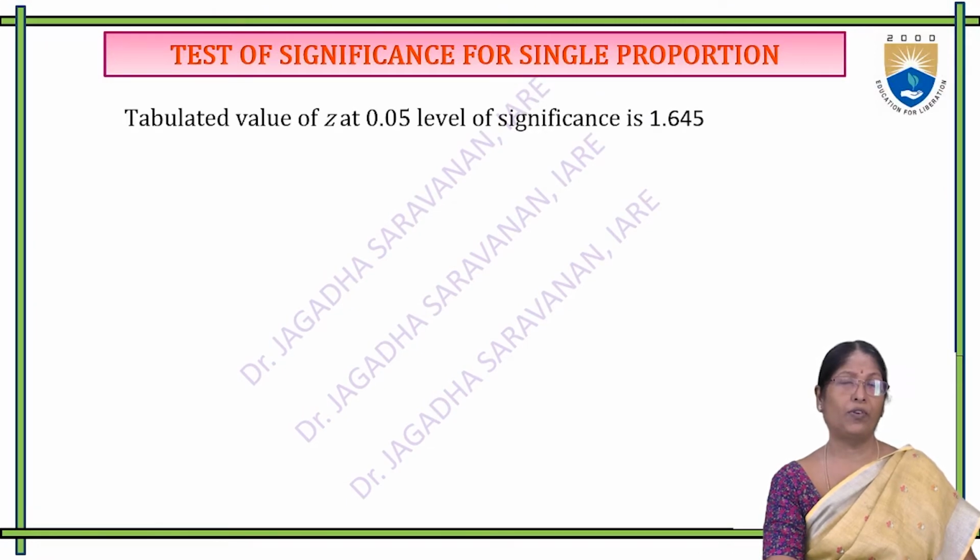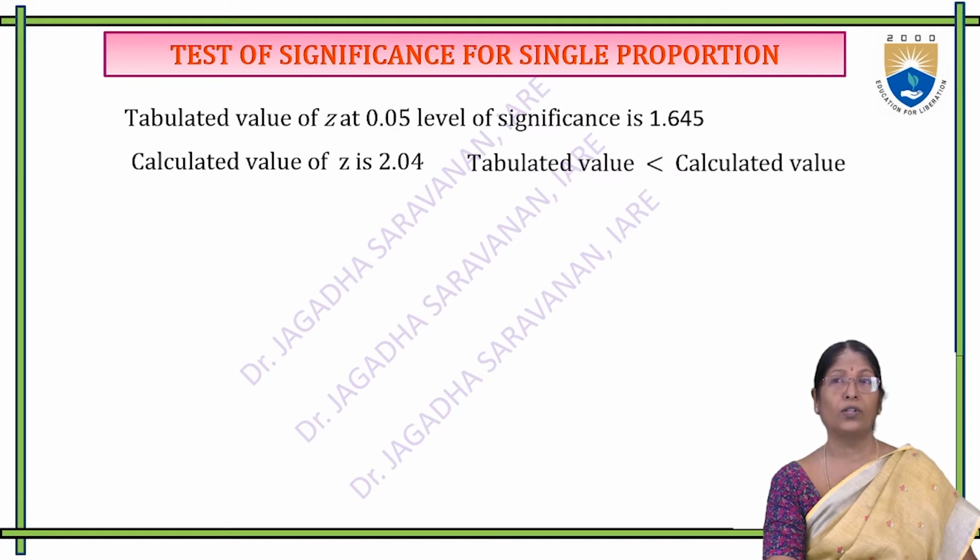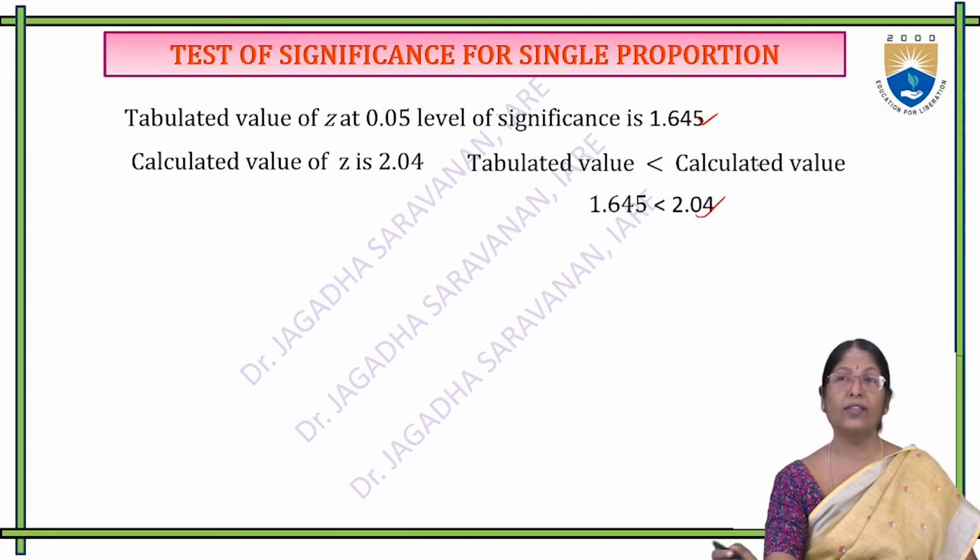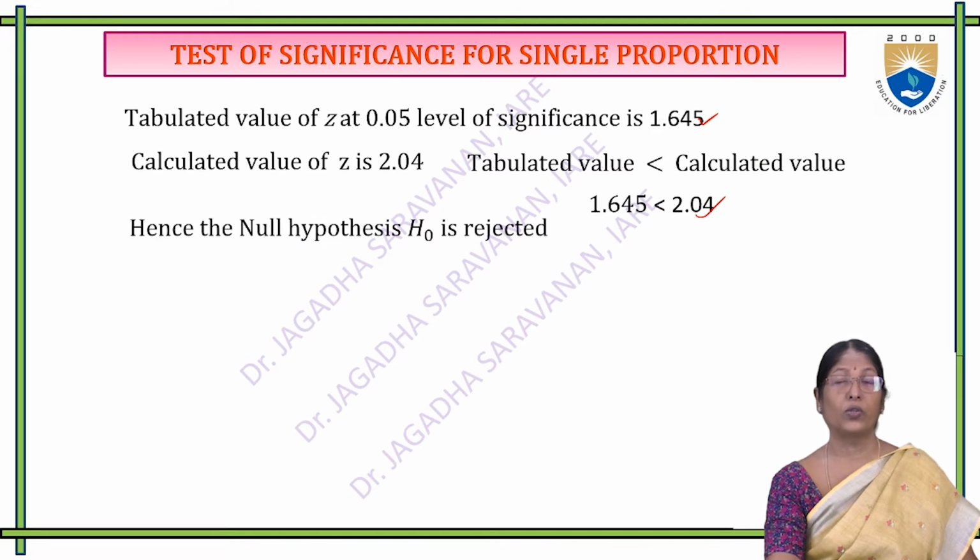So the tabulated value of Z at the 0.05 level of significance is 1.645. The calculated value is 2.04. So the tabulated value, 1.645, is less than the calculated value 2.04. Always, if we have to accept the null hypothesis, the tabulated value should be more, but here the tabulated value is less.